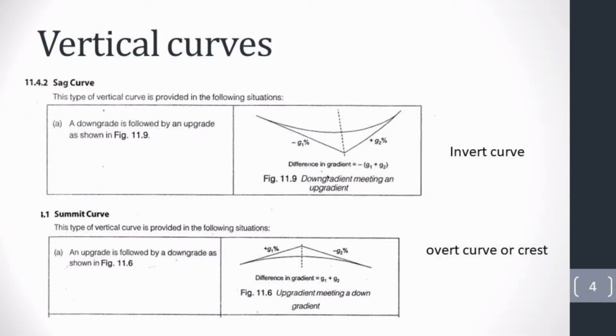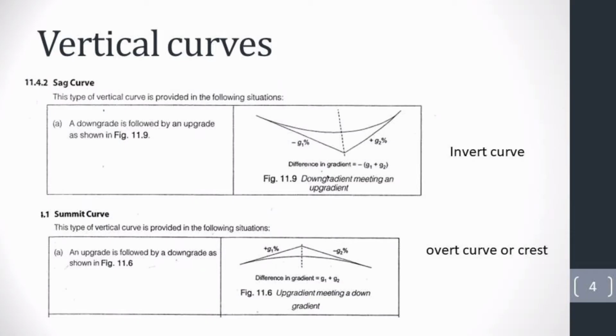Any of you can share a clue or something about that. These invert and overt curves are a little bit challenging, so the examiner can tell us more, but that was my little bit of research. So go ahead and do more research on that.